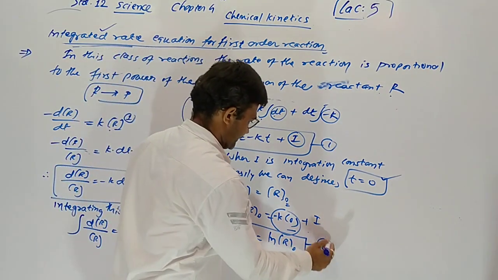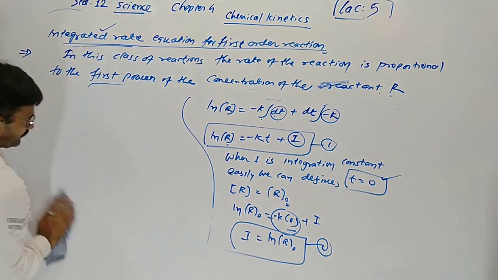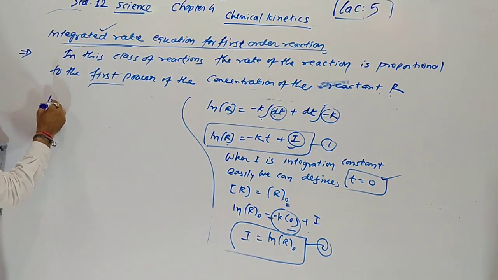Put down the value of the second in the first equation. The integration constant value is now derived, and the derived value is ln R0. So in place of I there should be ln R0.